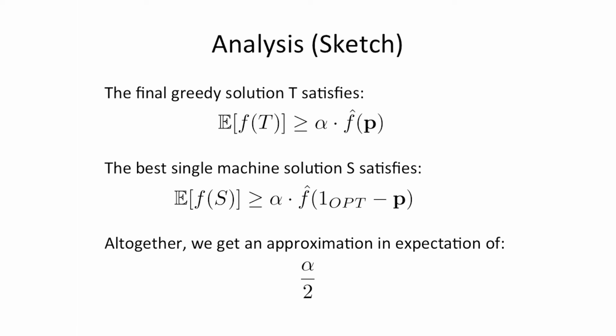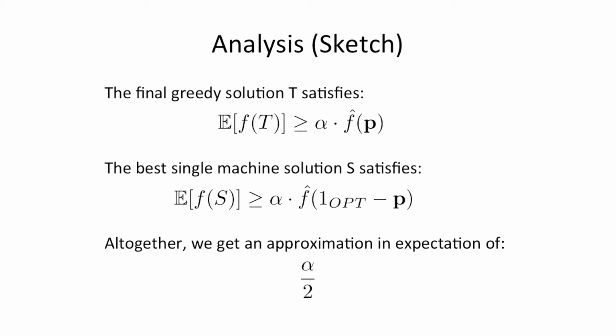So we can show that if you just look at the solution on just one machine, let's say the first one, the expected value of that solution is proportional to alpha times f hat of 1 minus P. And the reason for this is that at every point, the greedy algorithm rejected elements of opt with that probability.